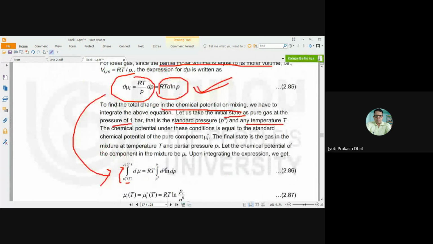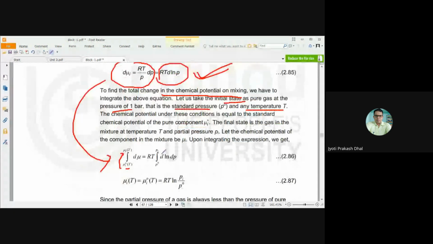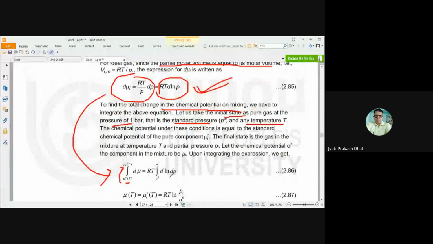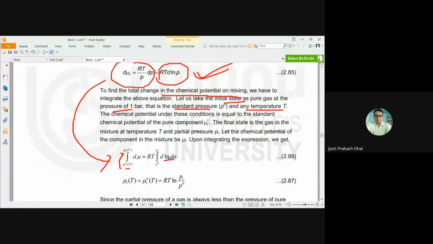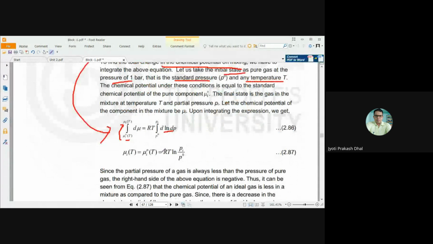So the term will be taken out of the integration, and the integration of d ln p from p naught to pi.